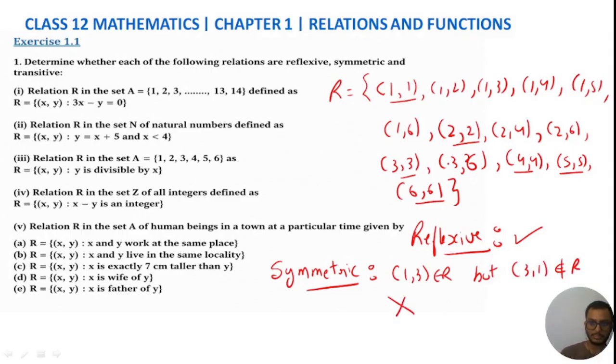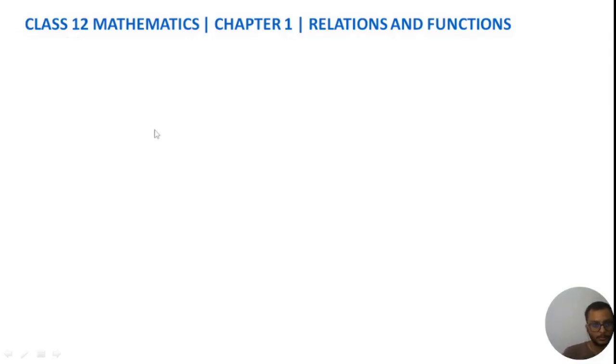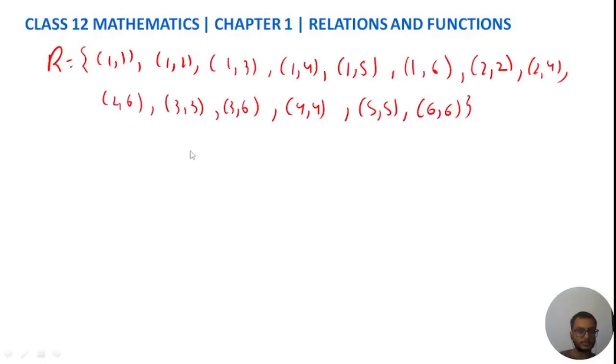Now let's see transitivity. Let me write R again. (1, 1), (1, 2)... Okay, so this is our R. Now we need to see whether it is transitive or not.